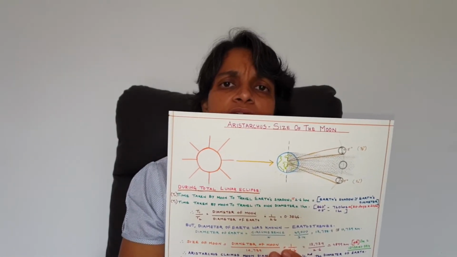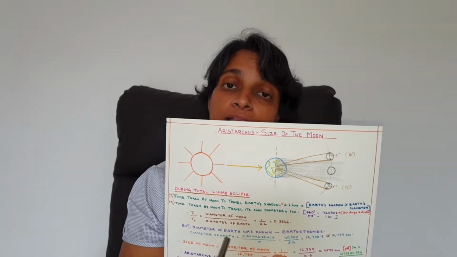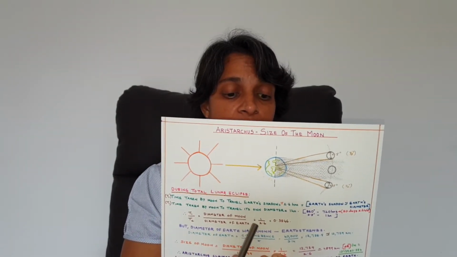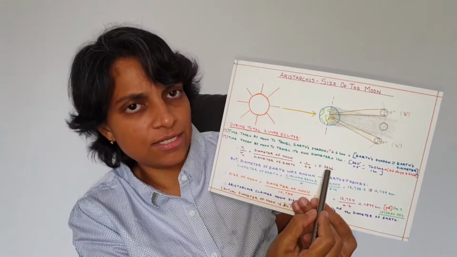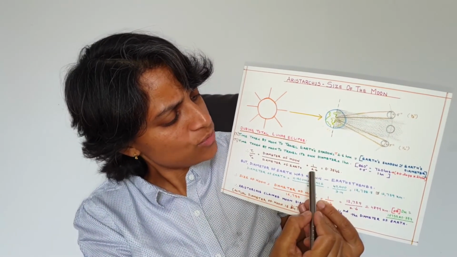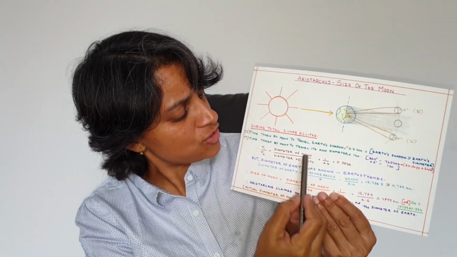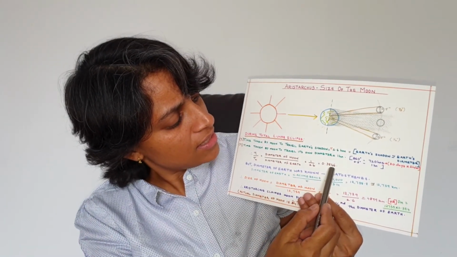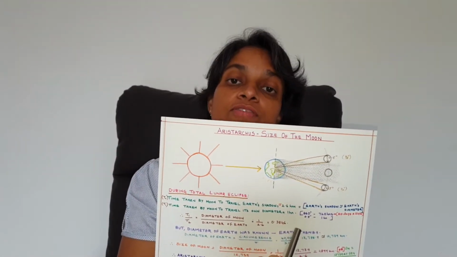So Aristarchus just substituted the values. He wrote diameter of the moon by 12,739 equals 0.3846, or equals 1 by 2.6. And by resolving this, he got that the diameter of the moon is 0.3846 times 12,739.